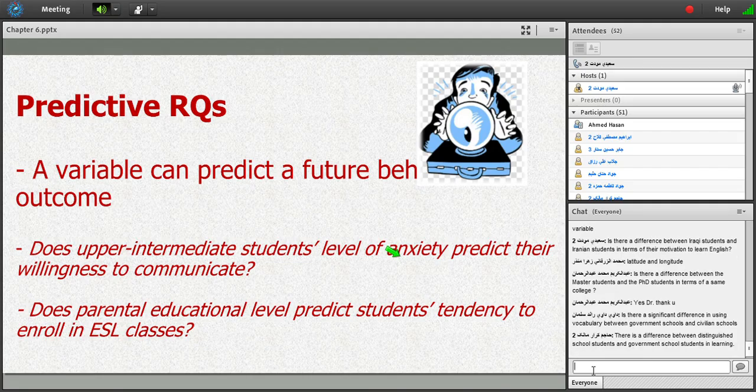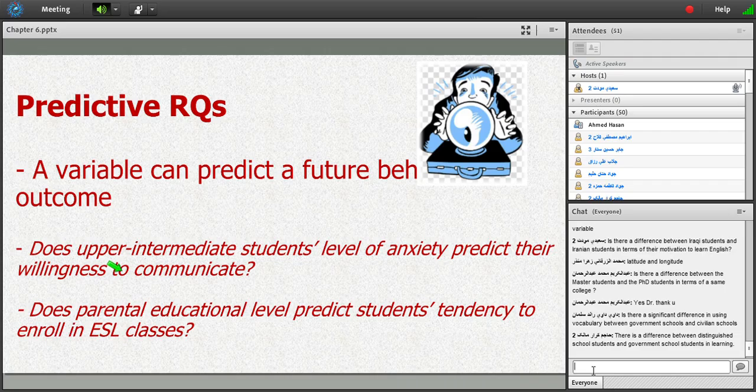So here, what is the independent variable? Upper intermediate students' level of anxiety. We want to check whether it can predict the students' willingness to communicate, to see whether the students with a high level of anxiety are less willing to communicate in the class, or when the level of anxiety increases, it can predict more willingness to communicate in the class.